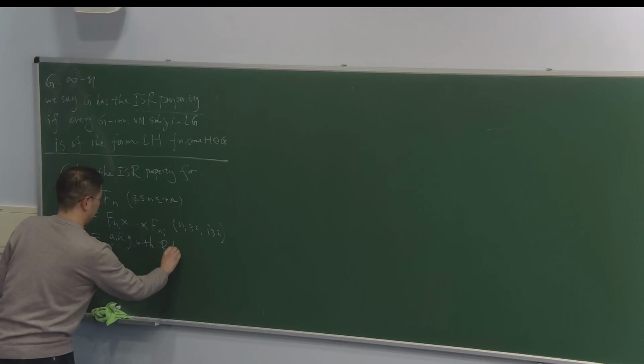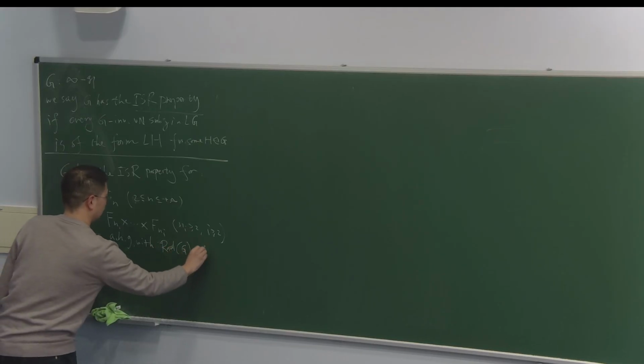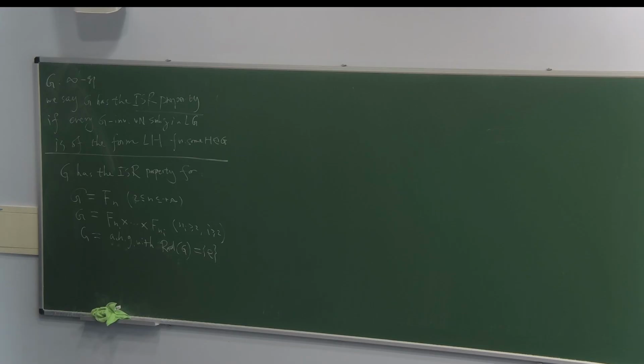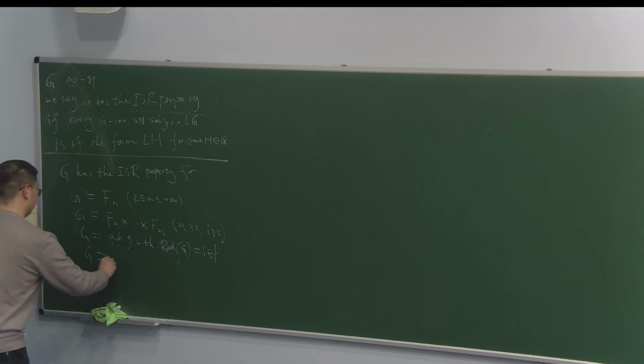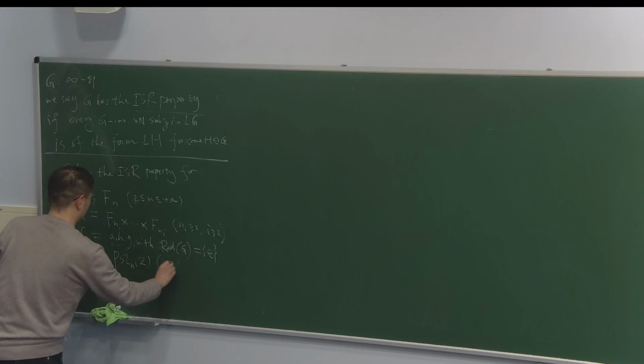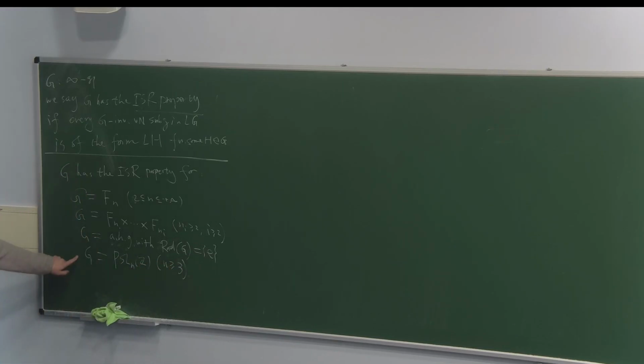Let's denote by Rad(G) the amenable radical of G, which is the largest normal amenable subgroup in G. And we can also take G to be PSL_n(Z) for n no less than 3. This was proved by Kalantar and Panagopoulos. If you look at all these examples, all of them have trivial amenable radical.